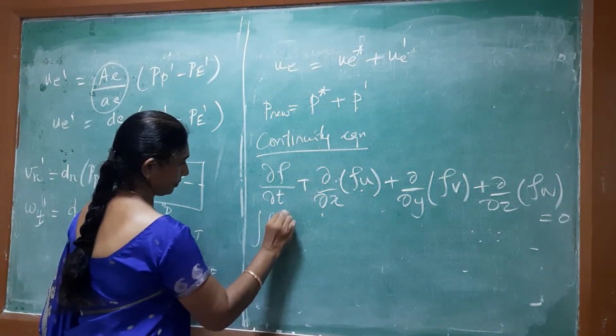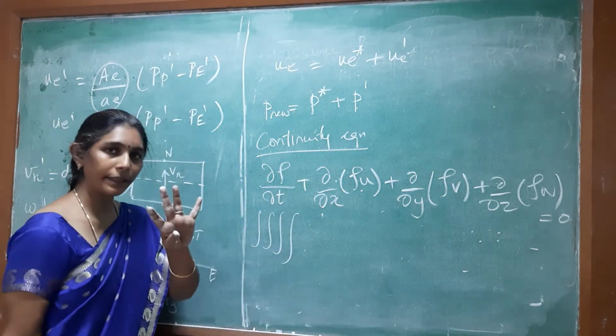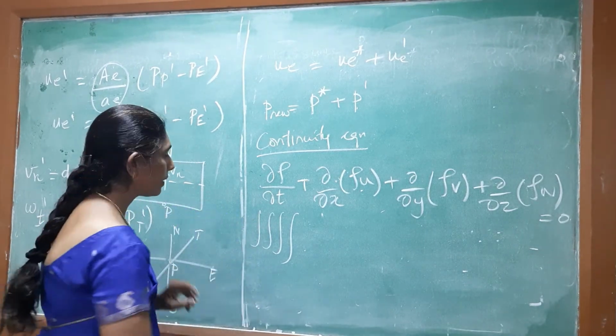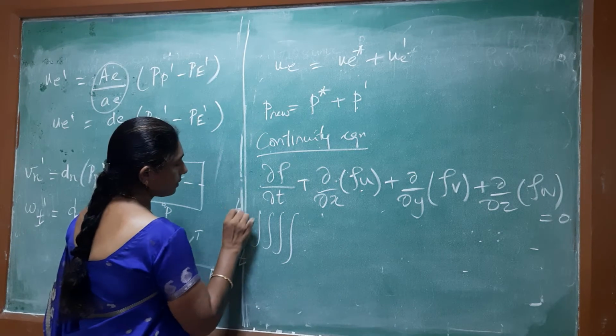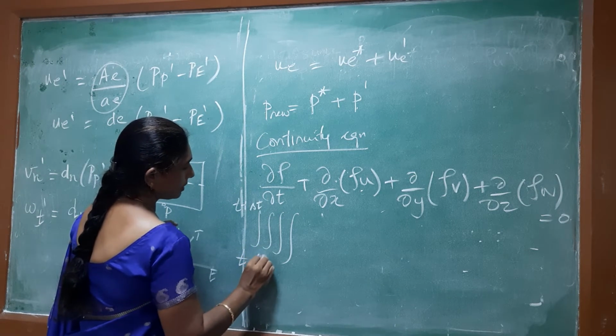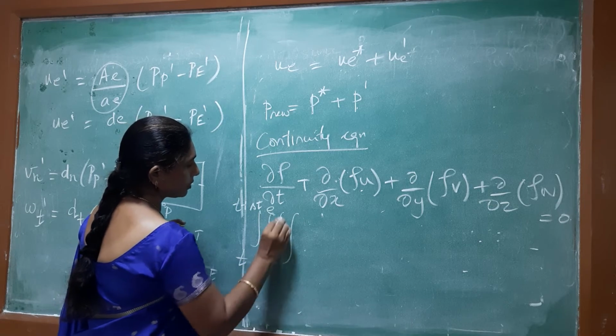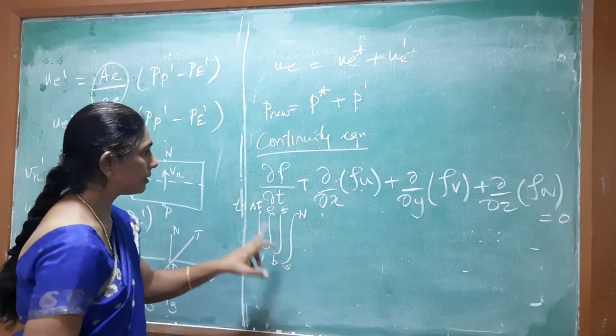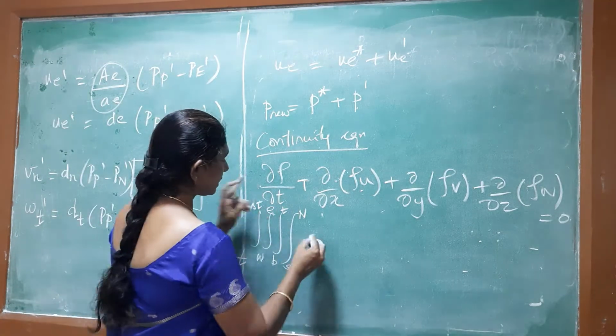Now I am taking the 4 parameters, that is time and the 3 spatial coordinates, x, y and z. So here I am integrating with respect to t from t to t plus delta t, and over space from west to east, bottom to top and south to north. So 4 integrals. For each term I am going to apply the integration.